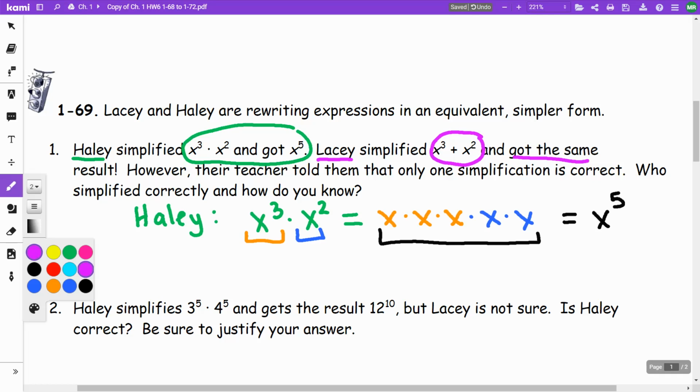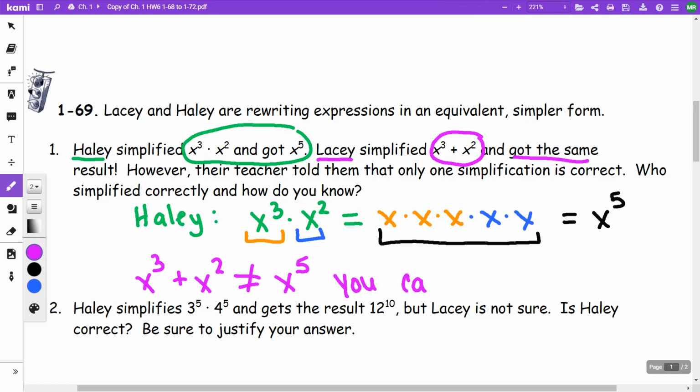If you were to take x to the third and add it with x to the second, you are not going to be getting x to the fifth. You cannot add unlike things. So Haley is correct.